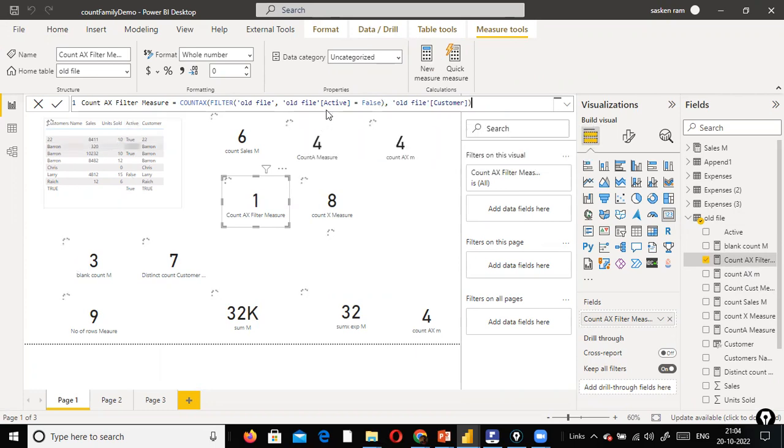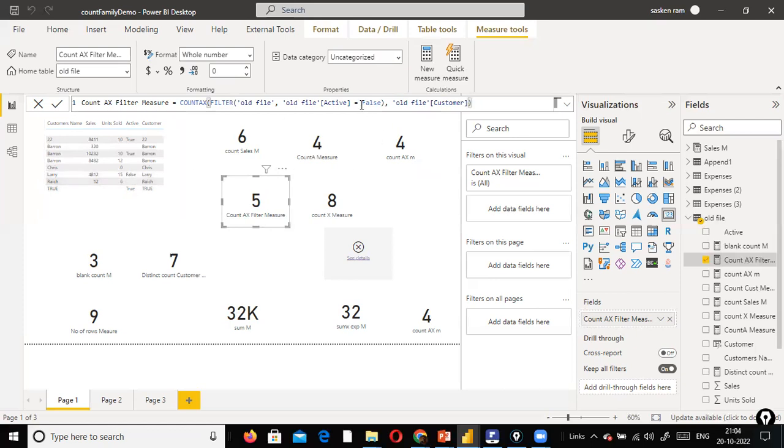I was counting the column active where active is false, and it was showing 5. It was showing something wrong. The 5 tells us 1, 2, 3, 4, 5 blank values.